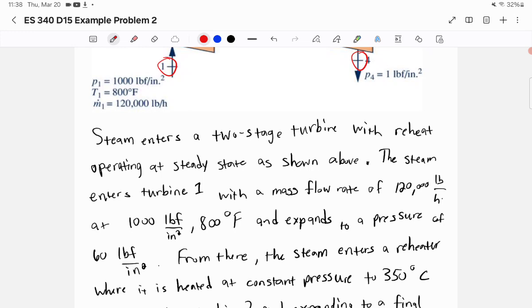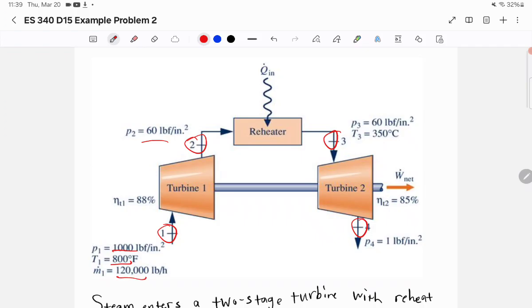The steam enters turbine 1 with a mass flow rate of 120,000 pounds per hour at a pressure of 1,000 pound-force per inch squared and a temperature of 800 degrees Fahrenheit, and expands to a pressure of 60 pound-force per inch squared.